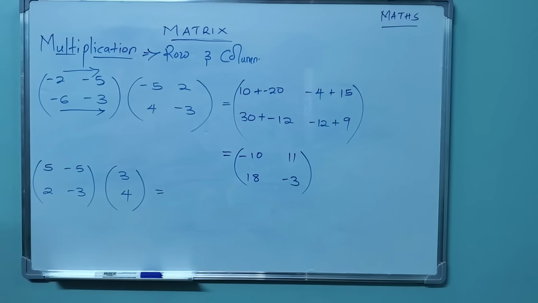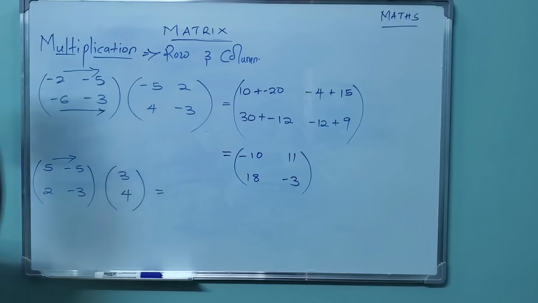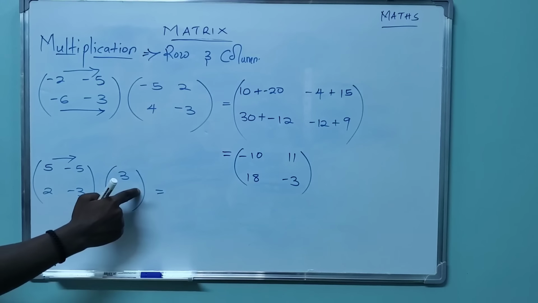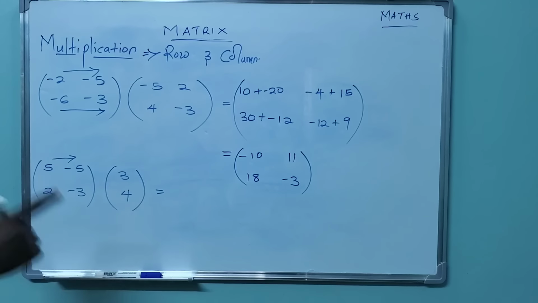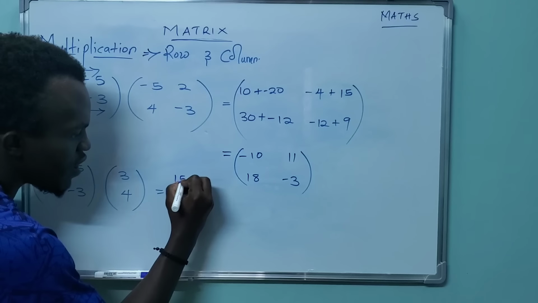And what are we going to do? Remember, the same thing applies, row and the column. So it means that this first row, I'm going to multiply it with the column. On my second matrix, I only have one column, so I'm only going to go once. So 5 multiplied by 3, I'm going to have 15.